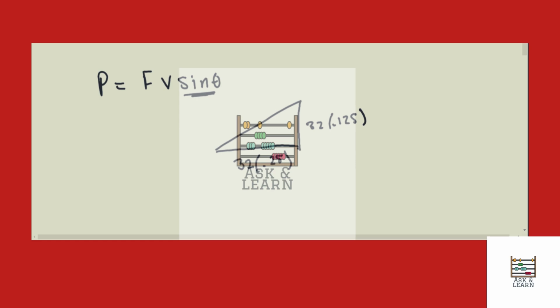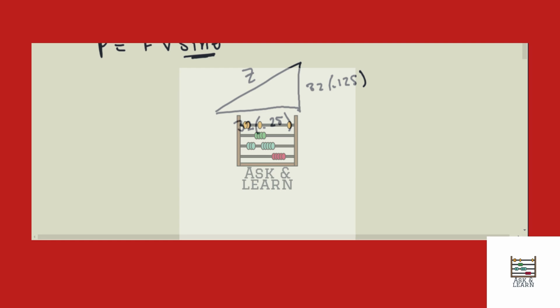So then to find the hypotenuse, which we'll call z, is equal to the square root of 32 times 0.125, squared, plus 32 times 0.25, also squared.